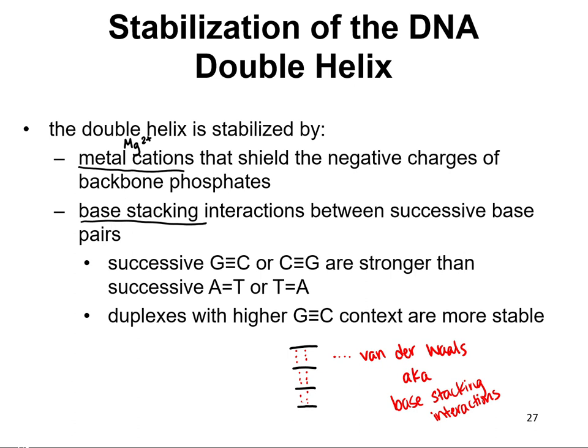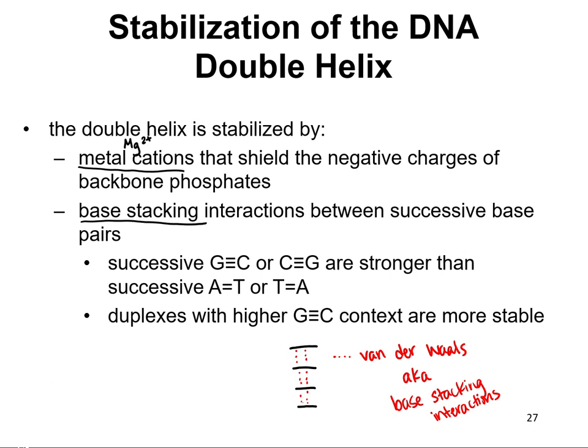If you have more GC content, then you have a more stable molecule. And this comes into play if you're doing work with nucleic acids. Oftentimes you will need to purchase or make different oligonucleotides for cloning and all kinds of purposes.